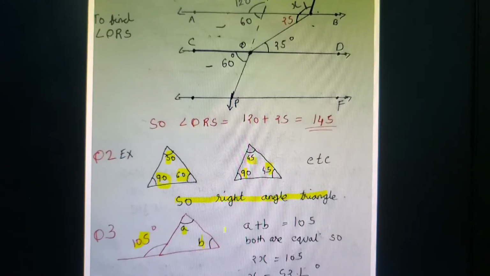So 105 is equal to a plus b. So a plus b is given as 105 and it is written that both the angles are equal. So we can take a variable: 2x is equal to 105, so x is equal to 52 1/2 degrees. This is our answer. You can note it.